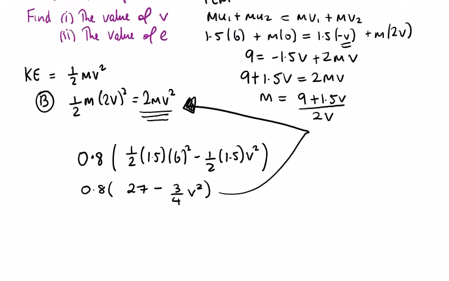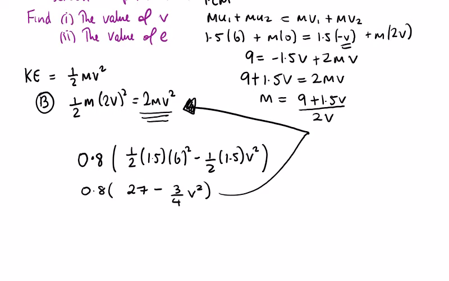So can we simplify that? We can simplify that down even further. Okay, 0.8 by 27 is 21.6, and 0.8 by 3 over 4 is 0.6, and that has to be equal to 2mv squared.